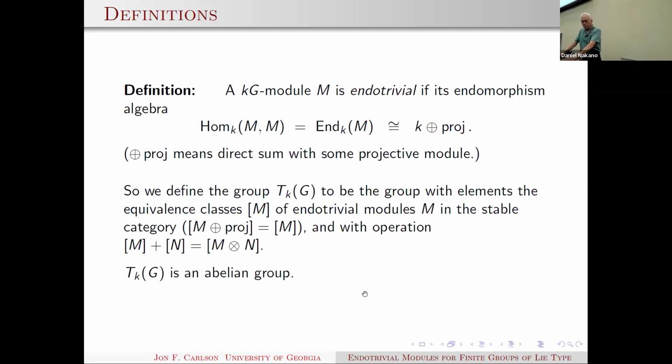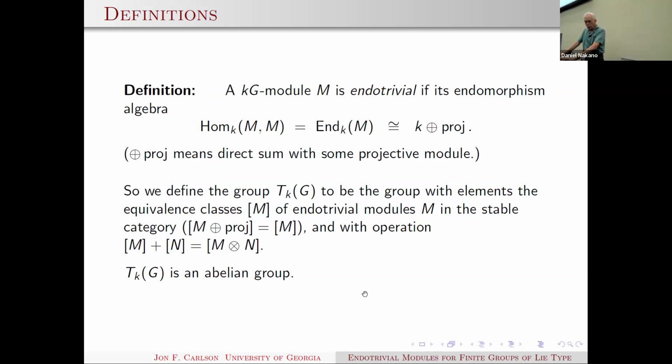These form a group: you take the equivalence classes in the stable category, where projective modules are 0. If you tensor M with its dual, you get the trivial module, which is the multiplicative identity in the stable category.